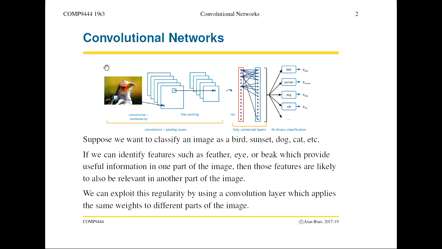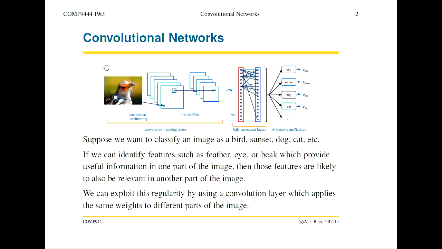So on average, 1,000 images in each category. The task was to find some automated system which could take in an image and tell you what category the image belongs to.